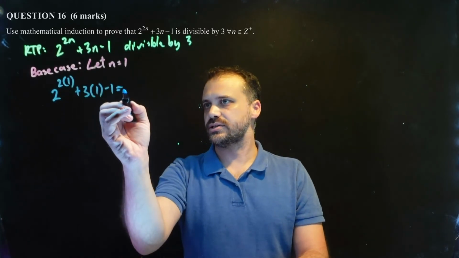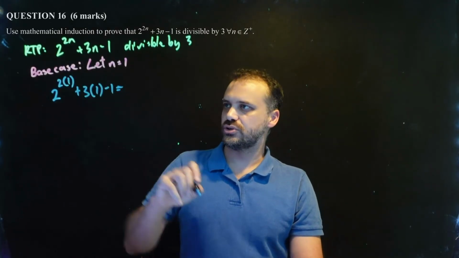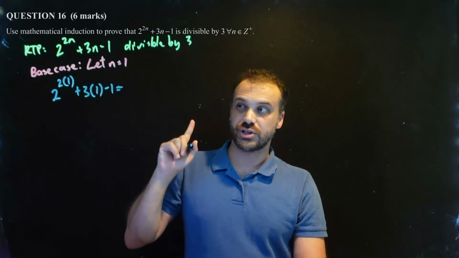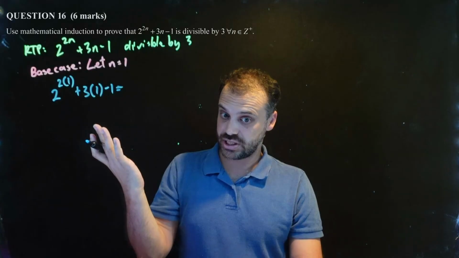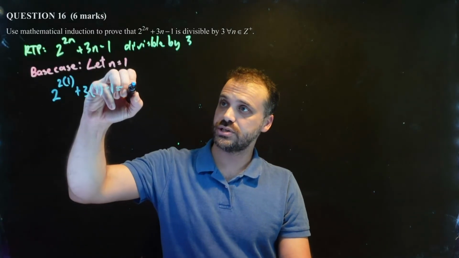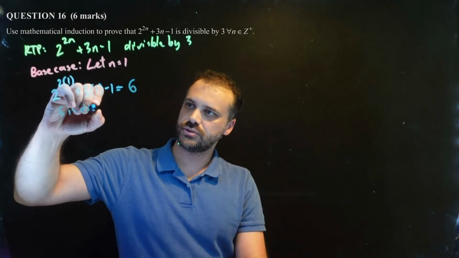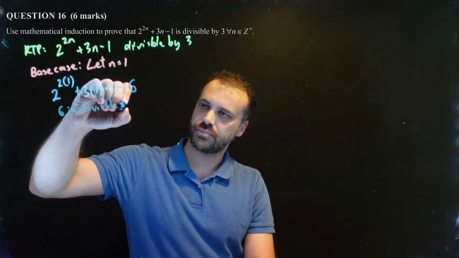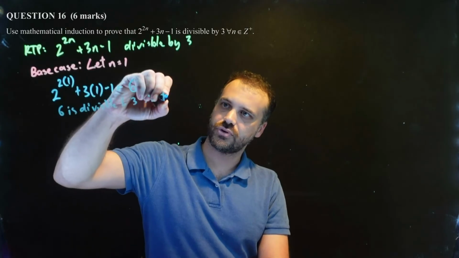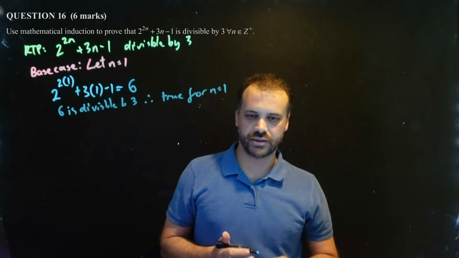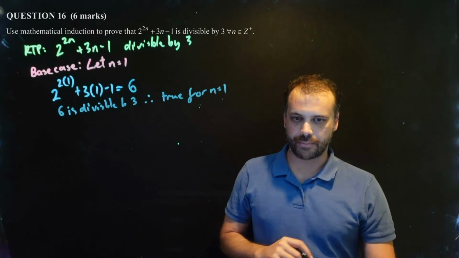And that is going to be 2 to the 2, which is 4, plus 3, which is 7, minus 1, which is 6. 6 is divisible by 3, therefore true for n equals 1. And we have proven it for our base case.